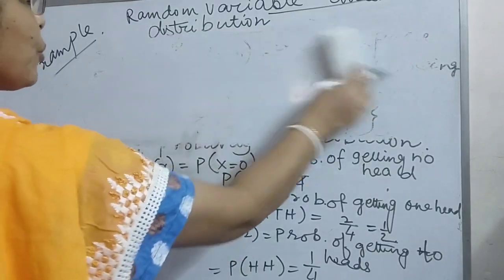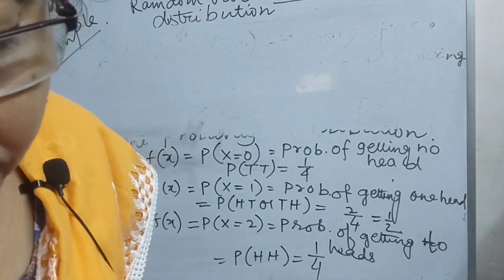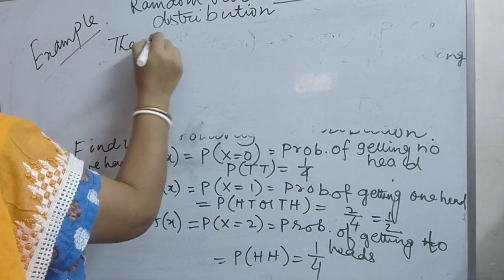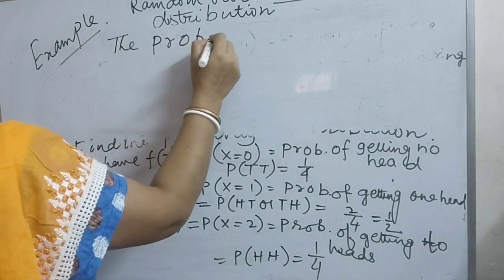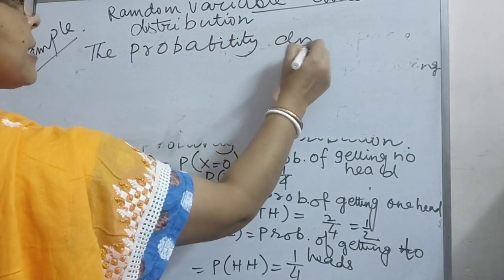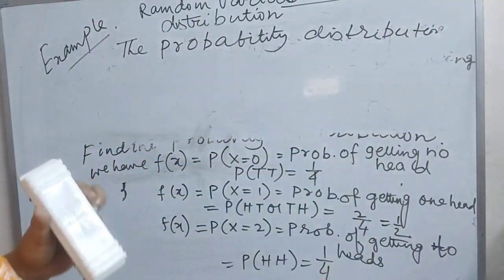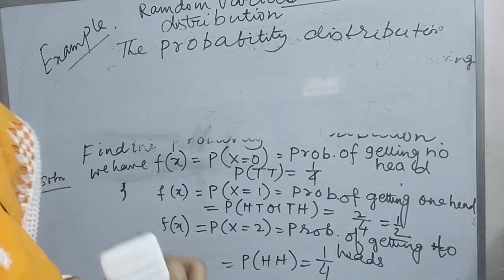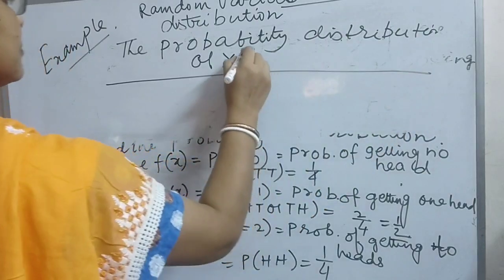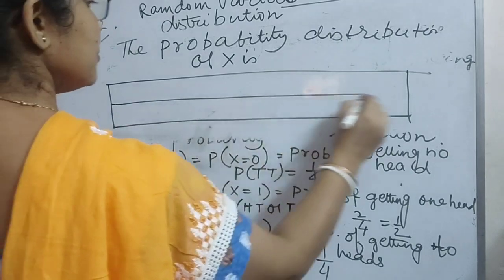Now I will represent it in box form. The probability distribution of X is, as required by the question, you write it in box form.